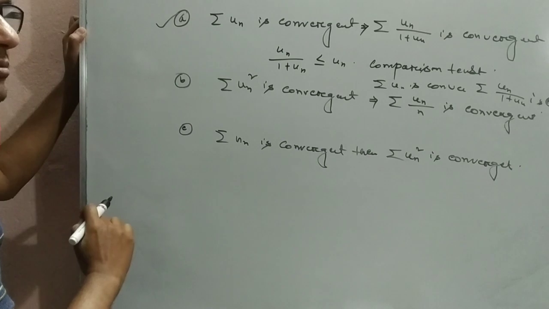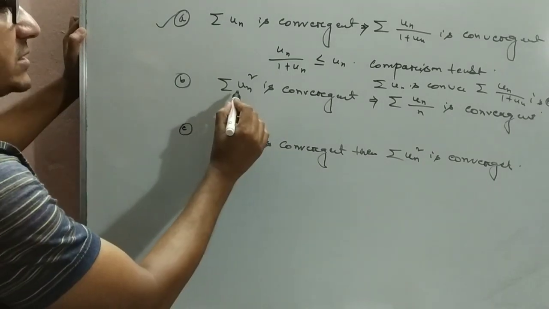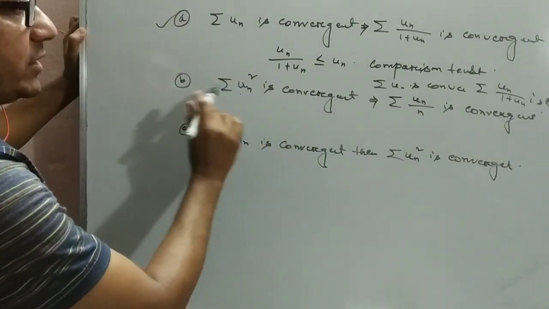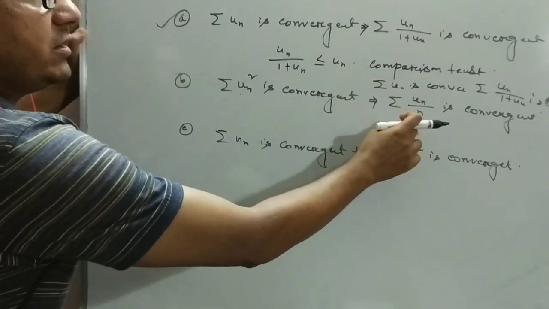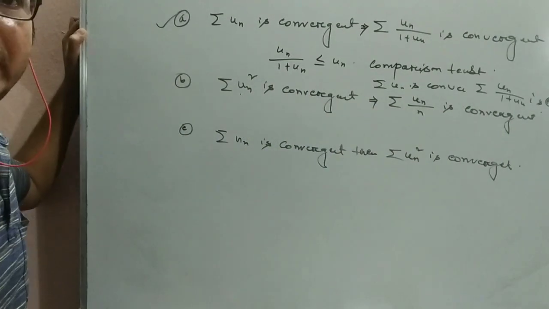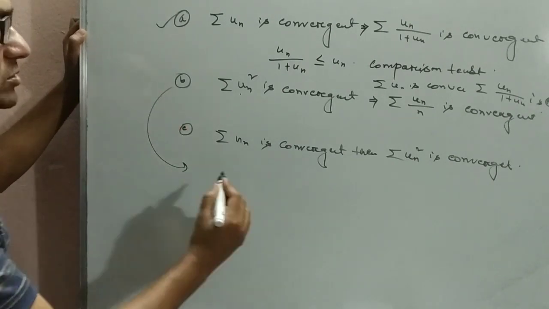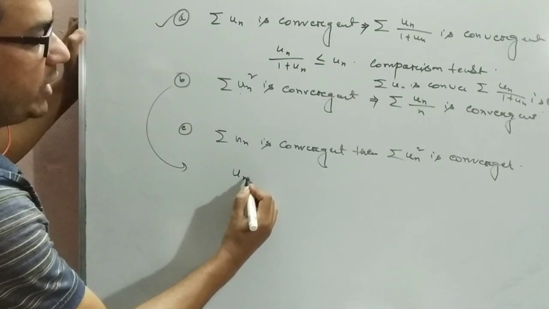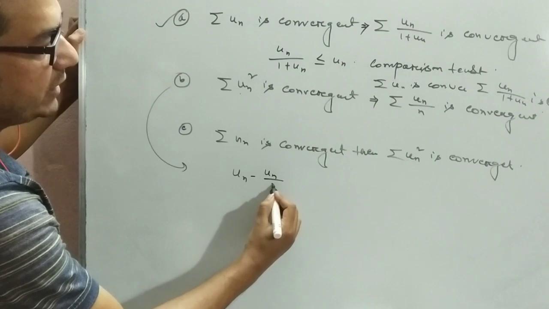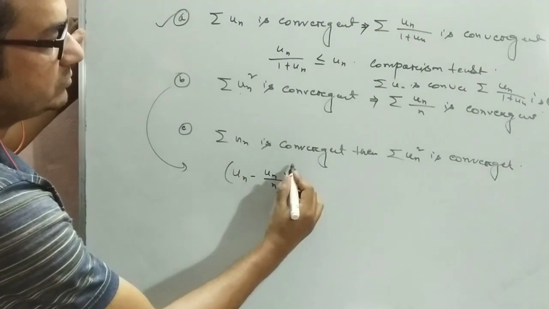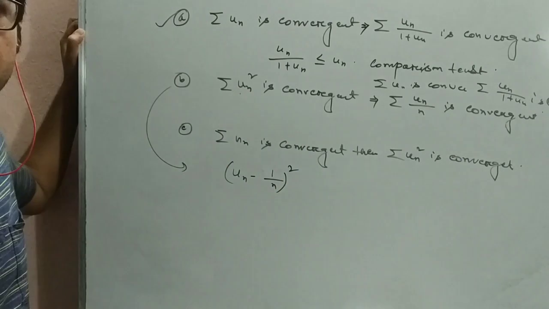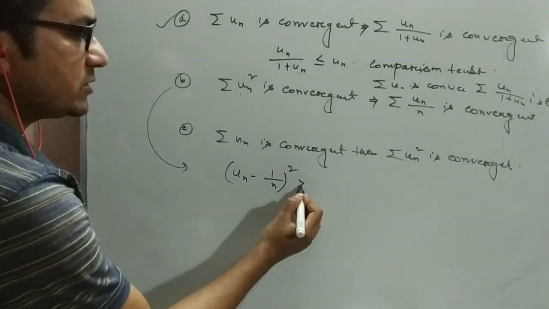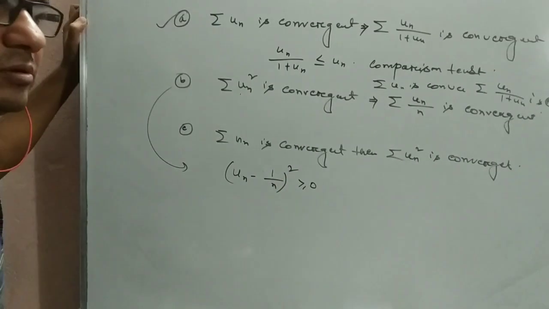Option B: summation un square is convergent implies summation un by n is convergent. Here we choose the inequality (un minus 1 by n) whole square, which is obviously greater than or equal to 0.